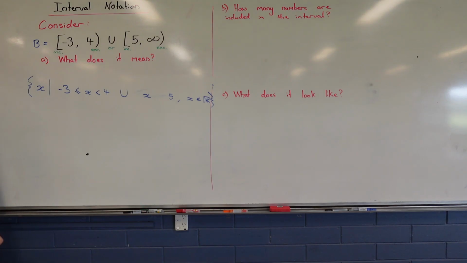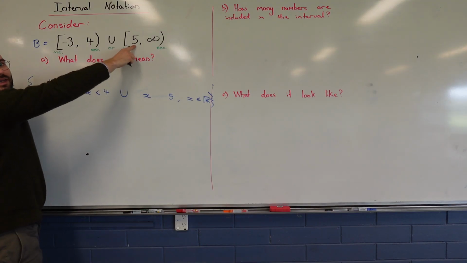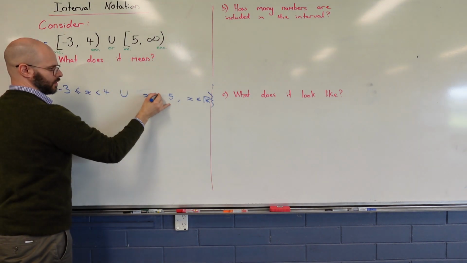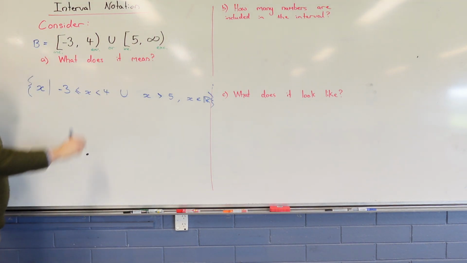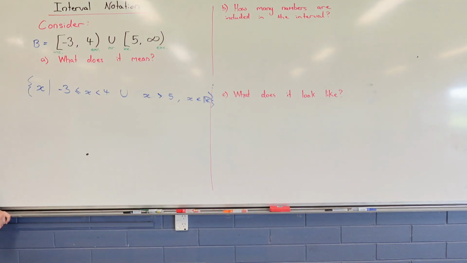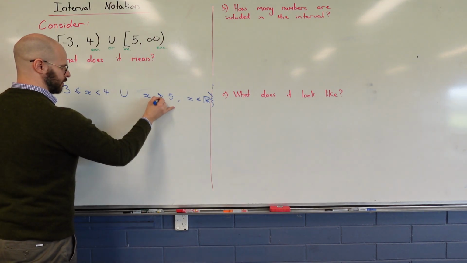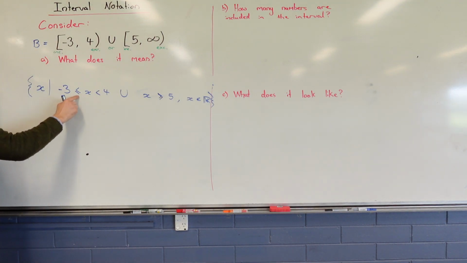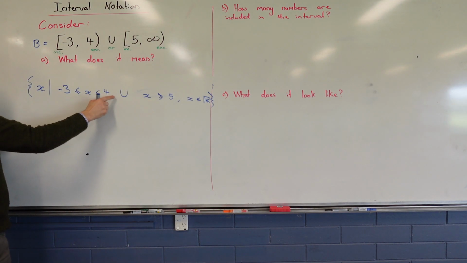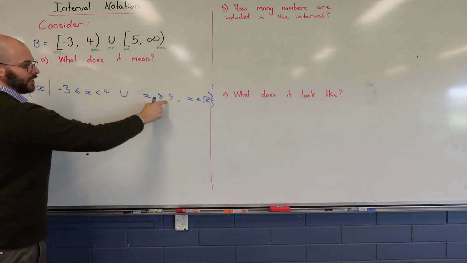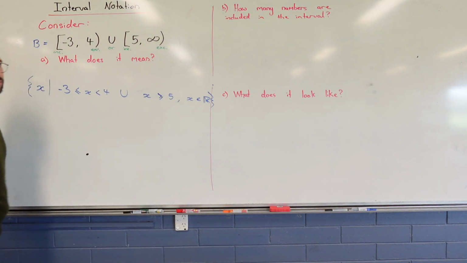Bigger. X is going to be bigger than 5 because the 5 is on the left here. Now, is x going to include 5 or exclude 5? Include. So, -3 is less than or equal to x is less than 4, or x is greater than or equal to 5, and it happens to be a real number.